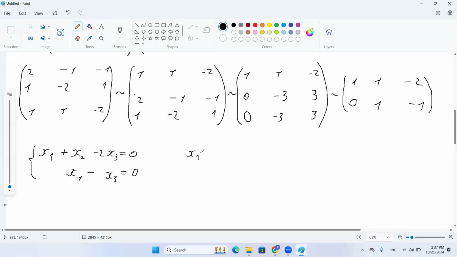So x1, no, so here it's x2. So x1 equals -x2 plus 2x3. And by the way, x2 equals x3.